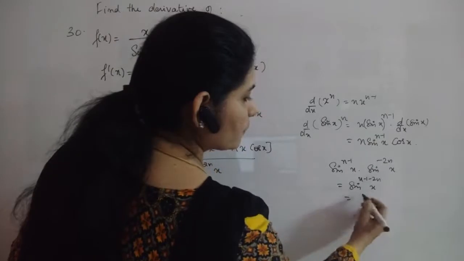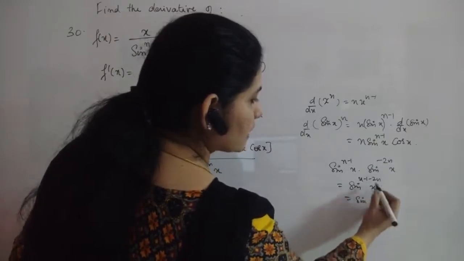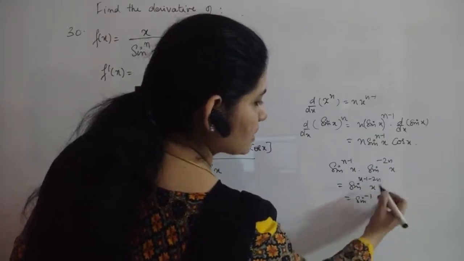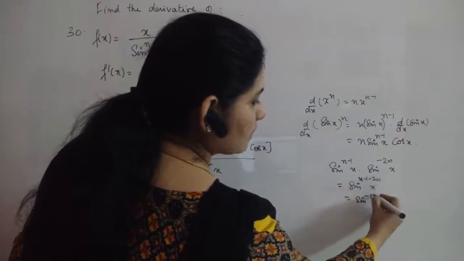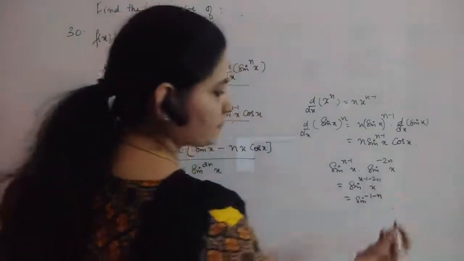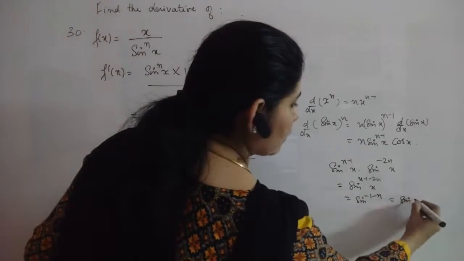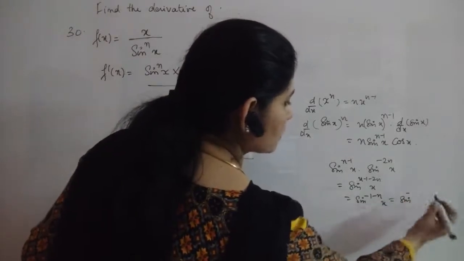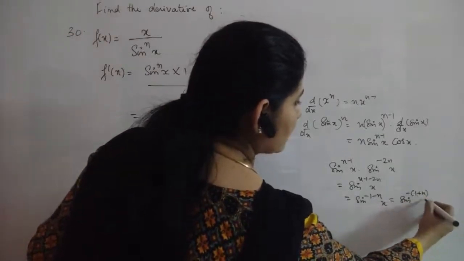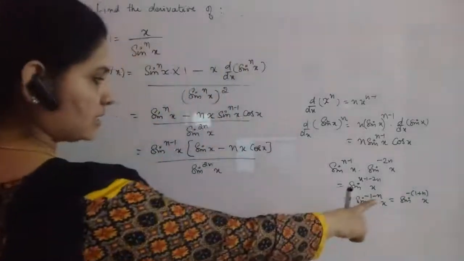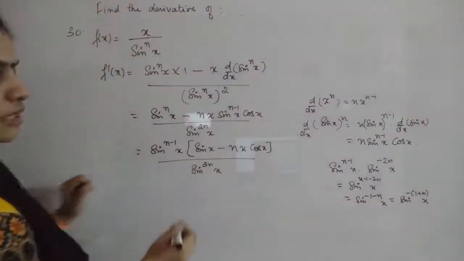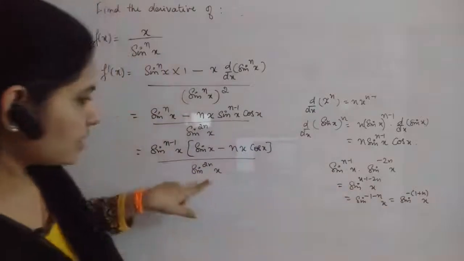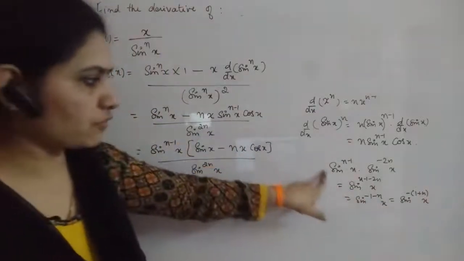So these two, what will give you? Sine raised to minus 1 is there, minus 2n plus n will give you minus n, right? Or else I can write it as sine raised to, x is also there, sine raised to 1 plus n x, right? So I am just combining these two. So this is in the numerator. If I am taking the denominator to the upper part, it will give you like this.